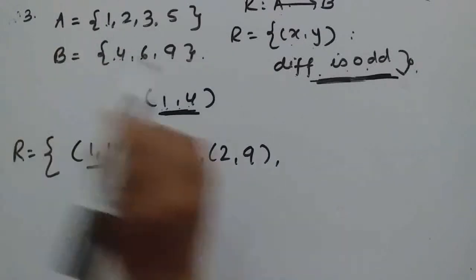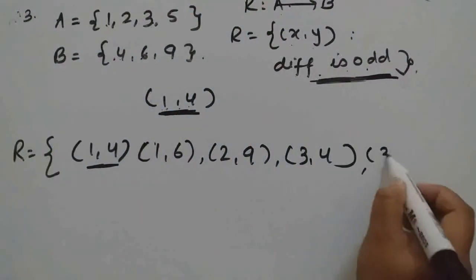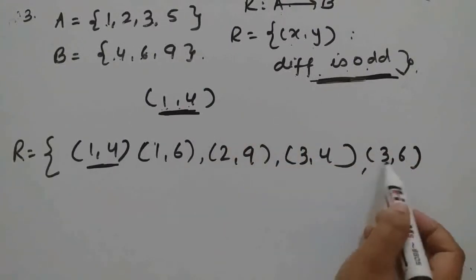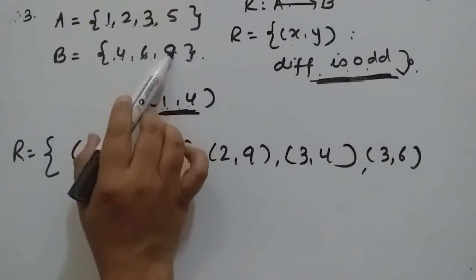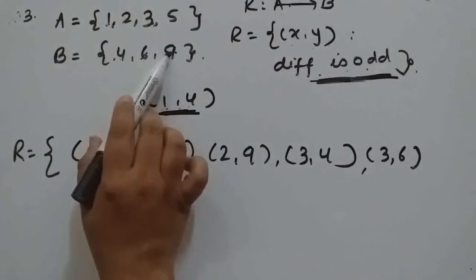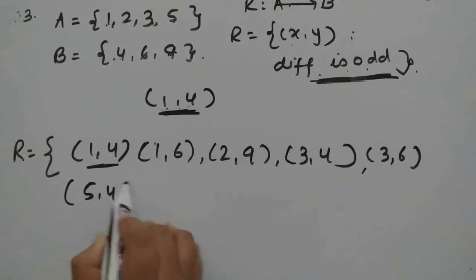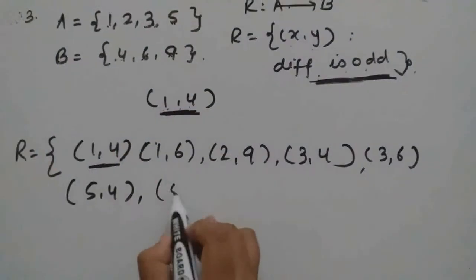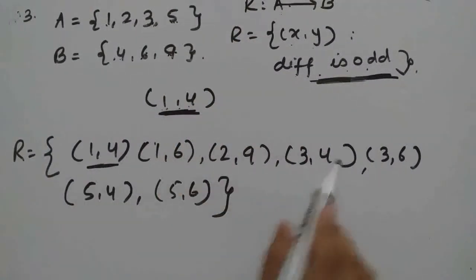Then 3 4, yes. Then 3 6, yes, also will come because the difference is 3. Then 3 9, no, because the difference will be 6, which is even. Then 5 4, yes. 5 6, yes. Then 5 9, no. So all these elements will be there in relation R.